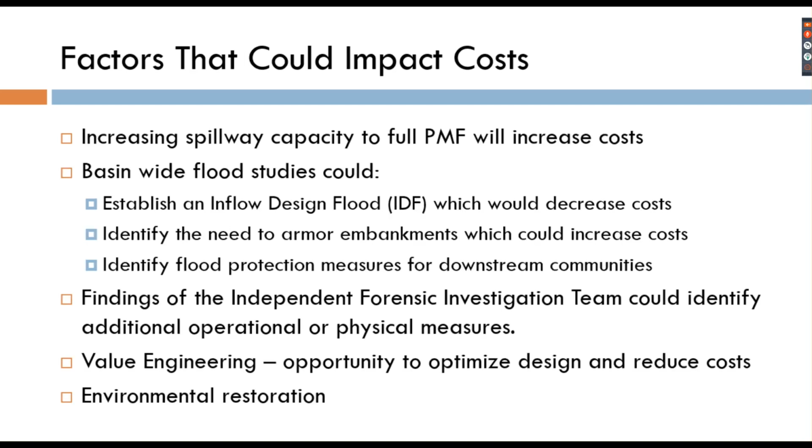So there are factors that could make the cost increase. There are factors that could have the cost decrease. All of these factors will be evaluated as we move forward, but just to have the discussion, for example, if the dam were to be required to pass the full PMF, that would increase the cost because we would need to build additional spillway capacity.